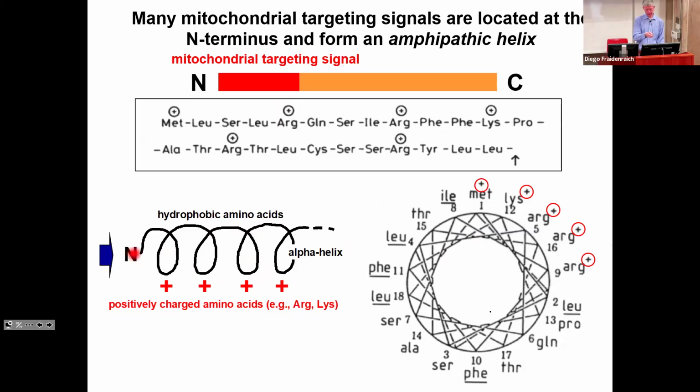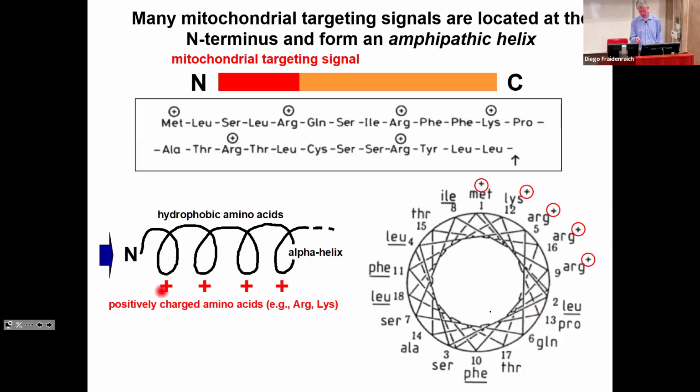When you look from the front, along this blue arrow, you would see positively charged amino acids on one side, and the hydrophobic amino acids or other amino acids located on the opposite side.